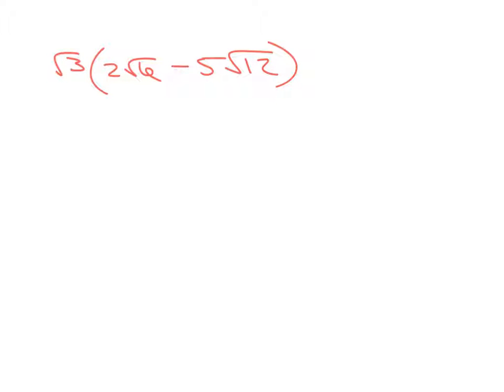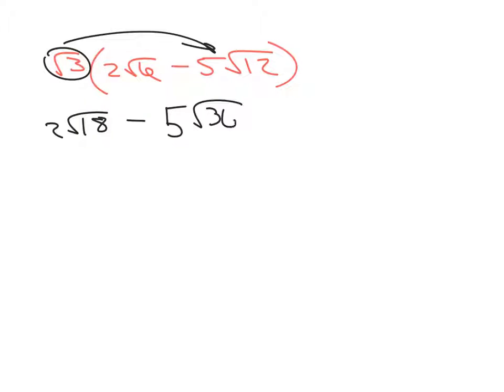Okay, so using distributive, multiply those. And we get 2 square root of 18 minus, multiply that times that, 5 square root of 36. Square root of 18, we can break that down into 9 times 2. I can take the square root of that, so I've got square root of 9 times 2.